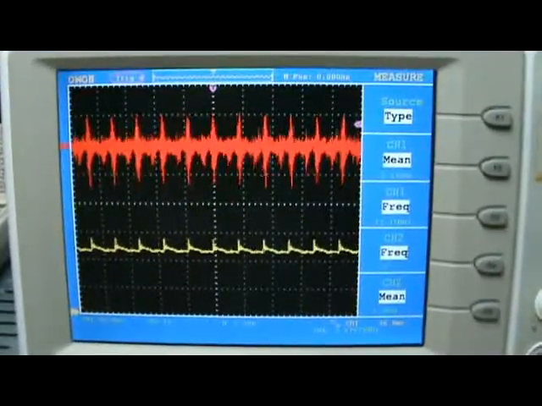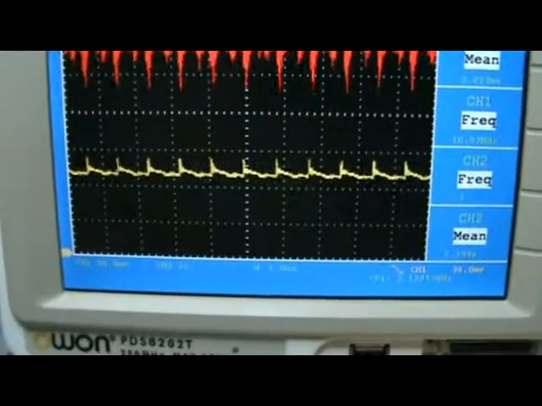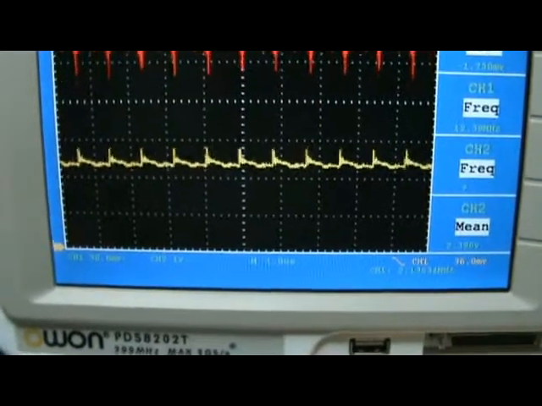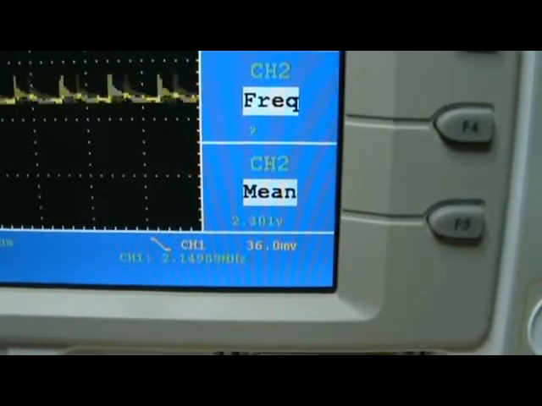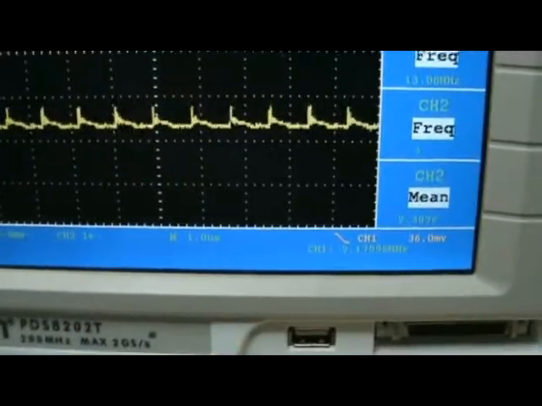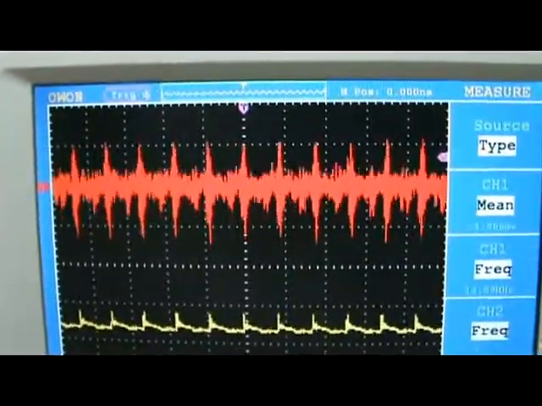At the bottom you see the output across the LED, 2.4 volts. And the upper is across the 1 ohm resistor, and that's a mess.